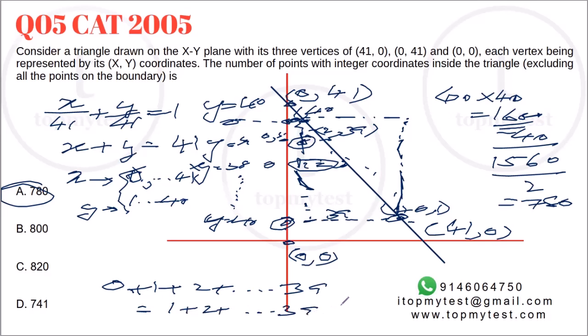The sum of the first 39 natural numbers would be 39 into 40 divided by 2, which is basically 780. Either way, you can draw using a square and take it out, or you can do it by counting the points. Under 3 minutes, 2.5 to 3 minutes in an exam situation. Not too difficult. Job done.